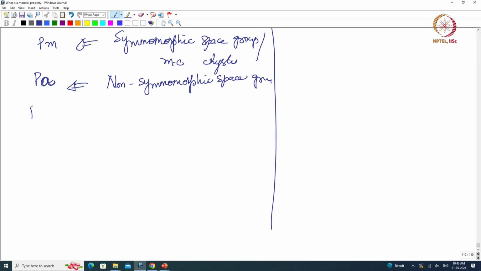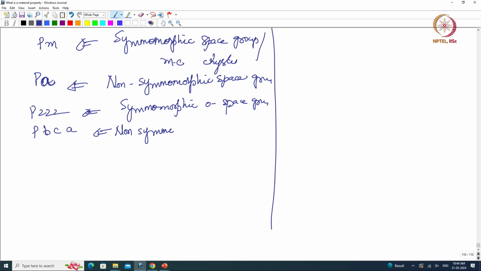My P222 is a symmorphic orthorhombic space group. PBCA is my non-symmorphic space group, but I have 3 different glide operations here.